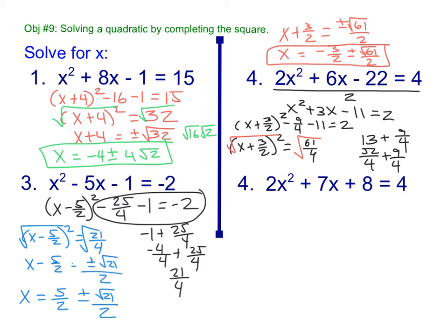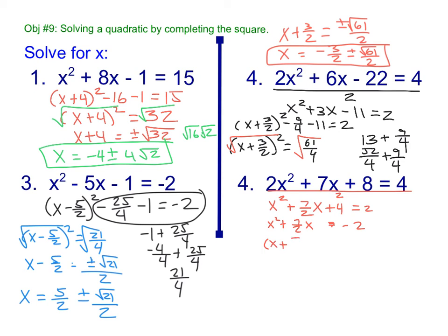All right, last one. This is the hard one. You can do it. Again, divide everything by 2. x squared plus 7 over 2 x plus 4 equals 2. Now if it's easier, you can move the 4 right now. Some people do that. A lot of teachers teach it like that. All right, so then we need to do half of 7 over 2.